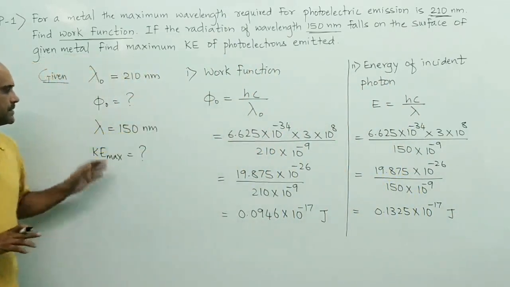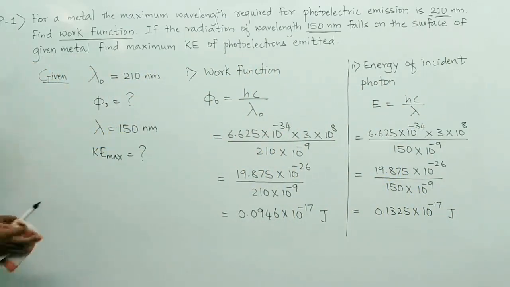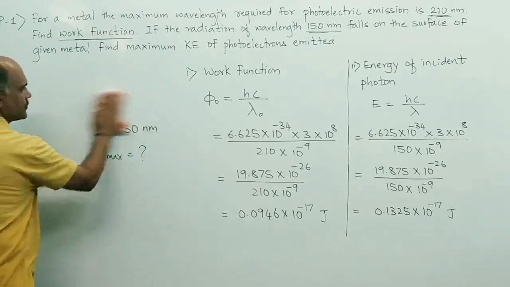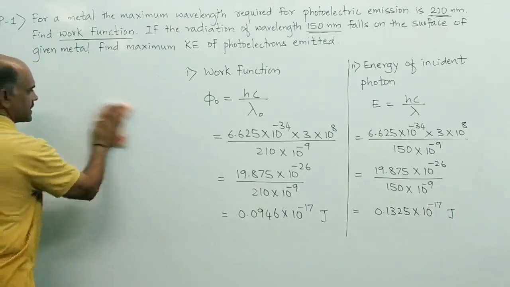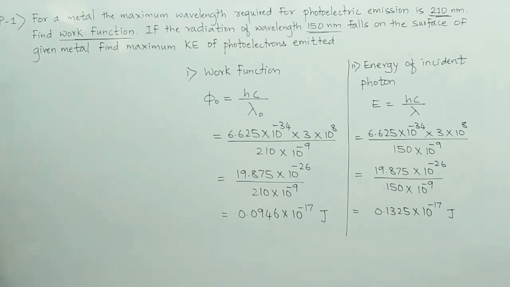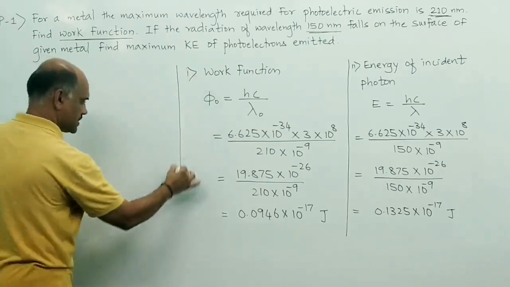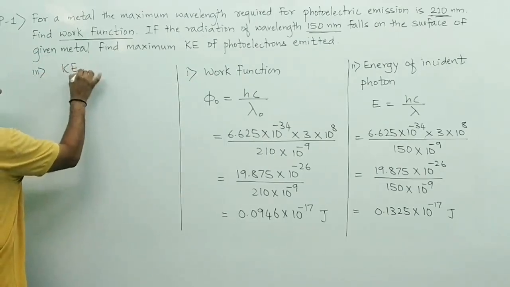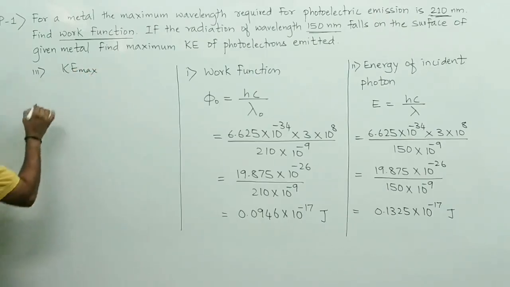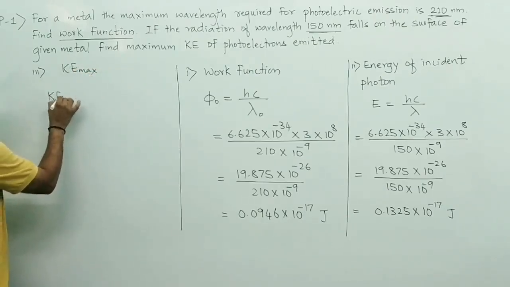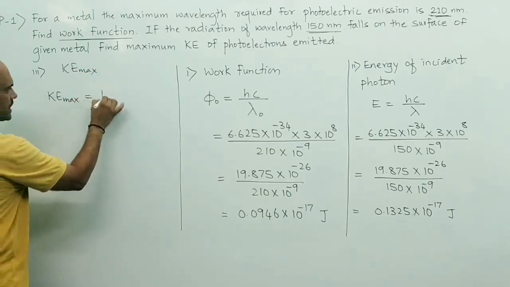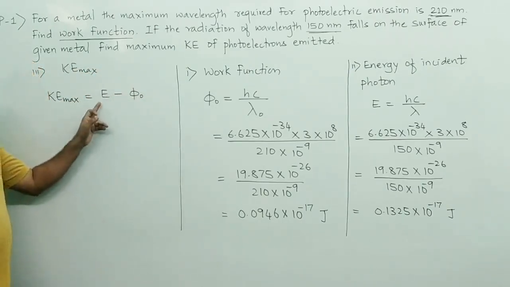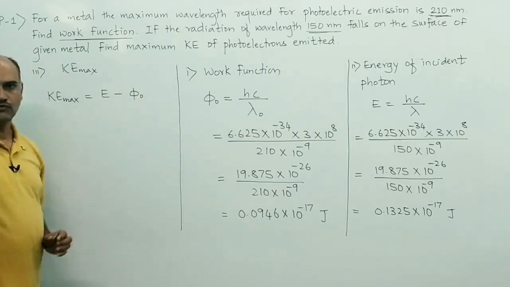Now in third step, we will calculate the maximum kinetic energy. So using Einstein's equation, we will find the kinetic energy, that is Ke max. From Einstein's equation, Ke max is equal to E minus phi naught, that is energy of incident photon minus work function.